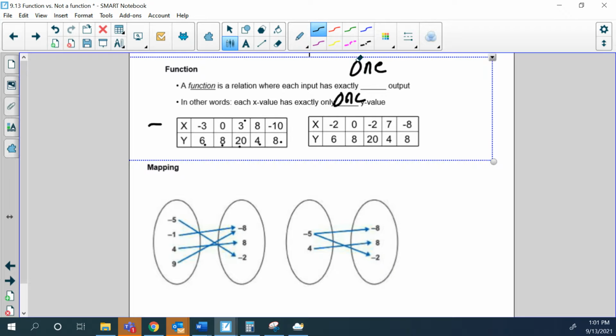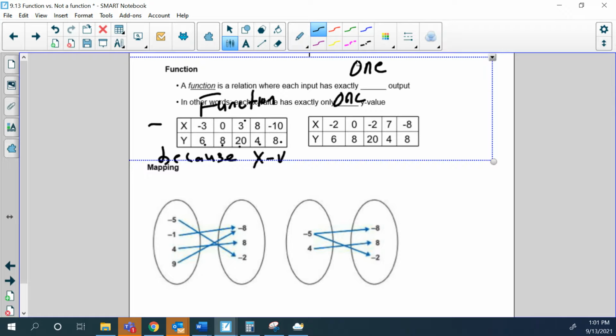The x value didn't repeat itself. When the x value repeats itself, that is not a function. So this is a function, because each x value has one y value, or we can say the x values did not repeat themselves.